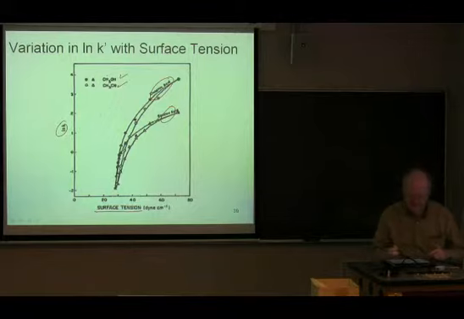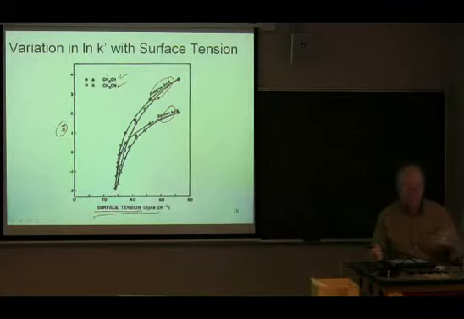So I don't think it's fair to say the model doesn't work, because this is not a straight line versus that surface tension. There's too much going on. You're modifying too many of the electrostatic free energies, and not just the cavity term.